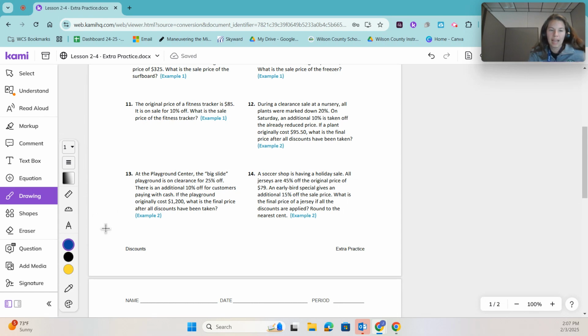So we have $1,200, and then we're taking the discount of this 25% of the 1,200. Once we get that, we are going to subtract. So we're going to do all this together first, then we are going to subtract 10% of that new price. Let's just do this part first here.